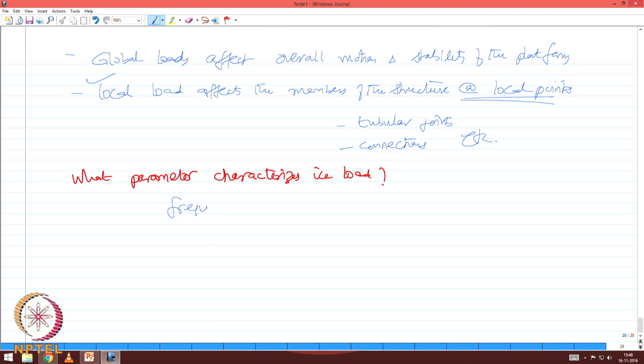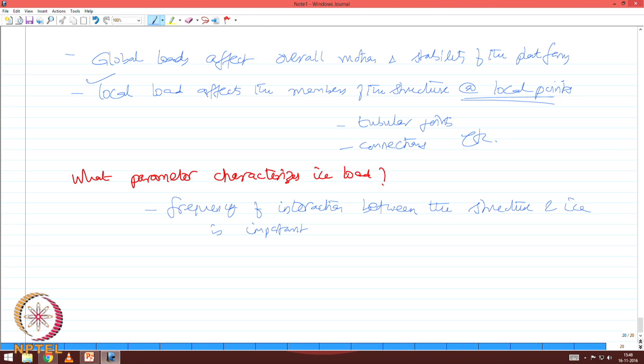Frequency of interaction between the structure and ice is important, and this characterizes the ice load.